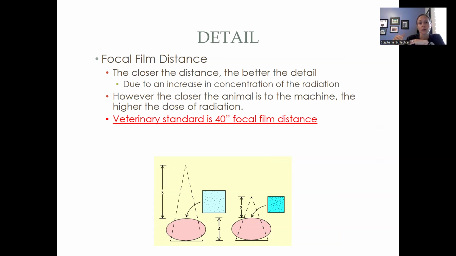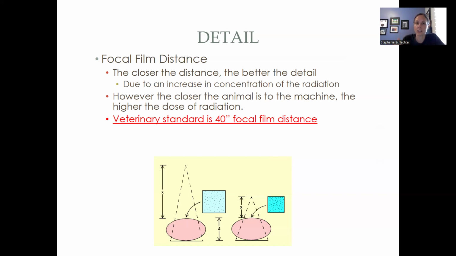The closer we get, we also get more radiation, because it's more concentrated. The radiation isn't as spread out if it's closer. Looking at the picture below, you can see those dots are closer together when you have that shorter focal film distance, which means we have better detail, okay?